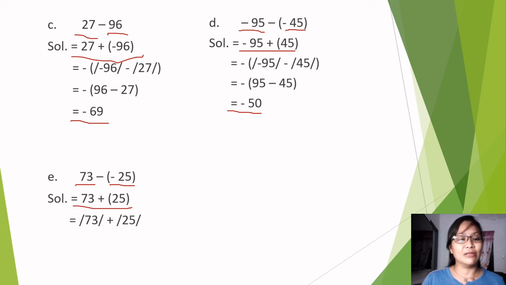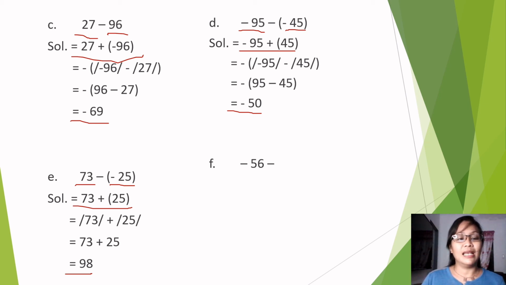Gaya ng sinasabi ko lagi na kung positive ang sign sa unahan, hindi na kailangang isulat pa. Automatic na yon. And then, get the absolute value ng 73 plus absolute value ng positive 25. So, 73 plus 25 is equal to 98. So this is our final answer.